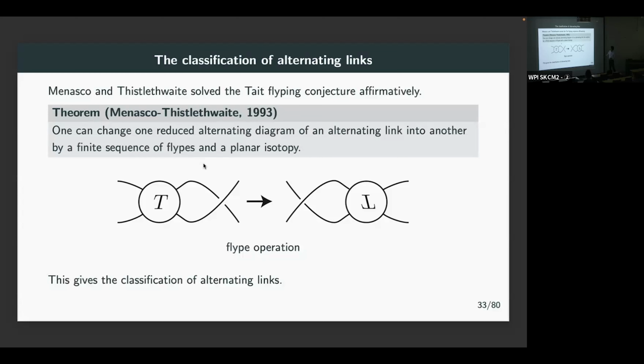So here you have some part of the diagram, and you flip this part by 180 degrees, then this part is changed into this part, and also this crossing is moved to this crossing. And this is called the flip operation. And if you have two diagrams of the same link, then you can change one to the other using only this.